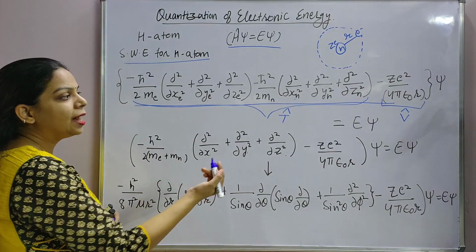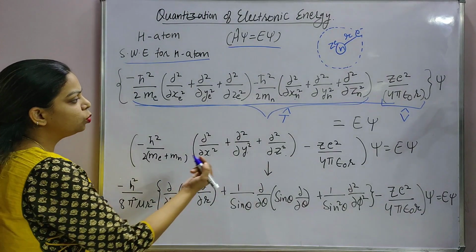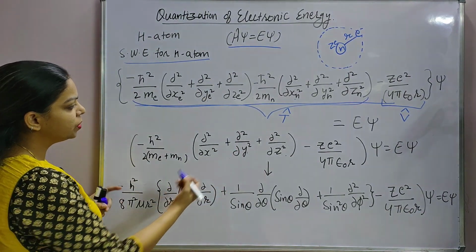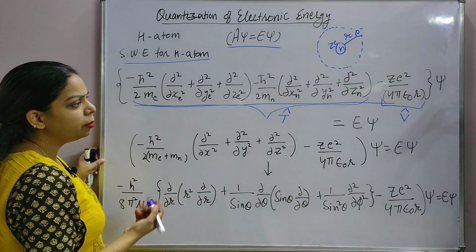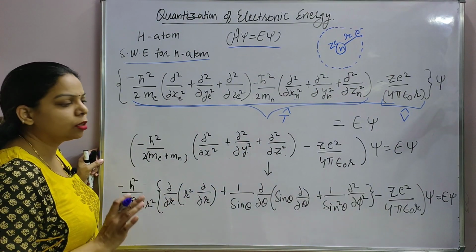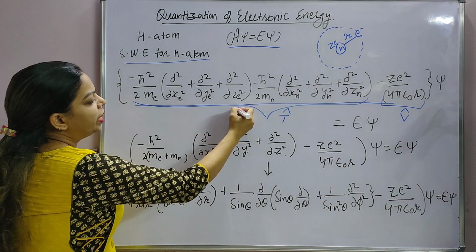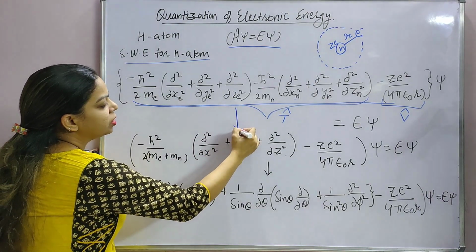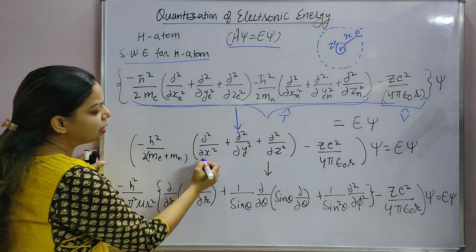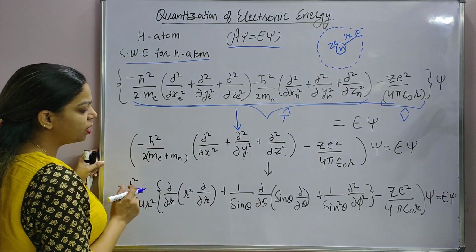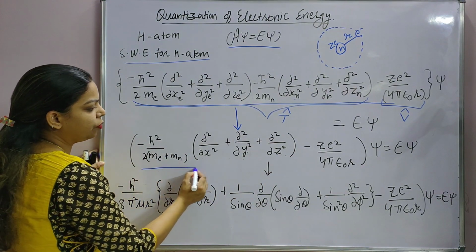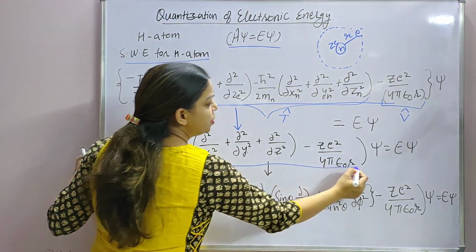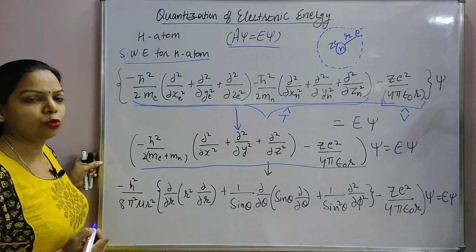We can easily do that through mathematical calculations, but I am doing it directly because the entire solution is not our concern. When I transform this equation in terms of the center of mass, x, y, z are the coordinates of the center of mass. So we have this kind of equation, which is the simplest form of Schrodinger's wave equation for the hydrogen atom.